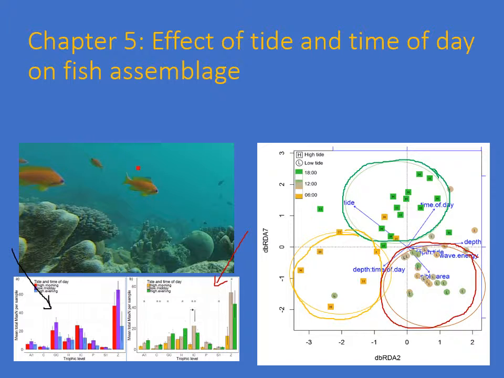And this agrees with the findings of the previous chapter that the presence of bait overrides the effects of other environmental variables. Fish are opportunistic and would transgress their natural sort of behaviors in the presence of bait.